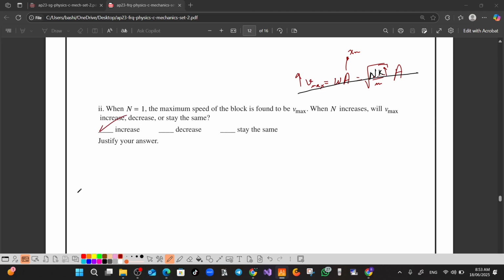It will increase. Now let's justify. We just need to write the relation that links the K with the Vmax. So as K increases, then Vmax increases.